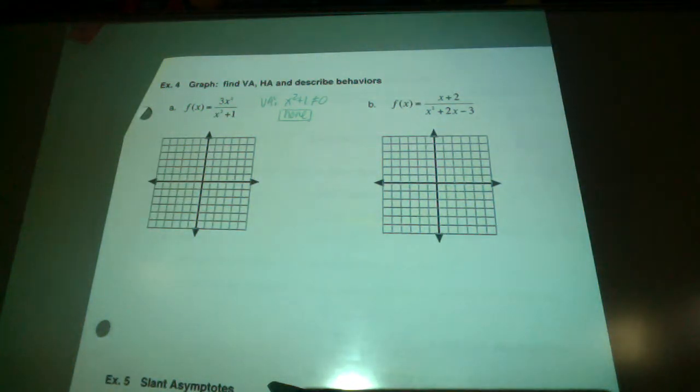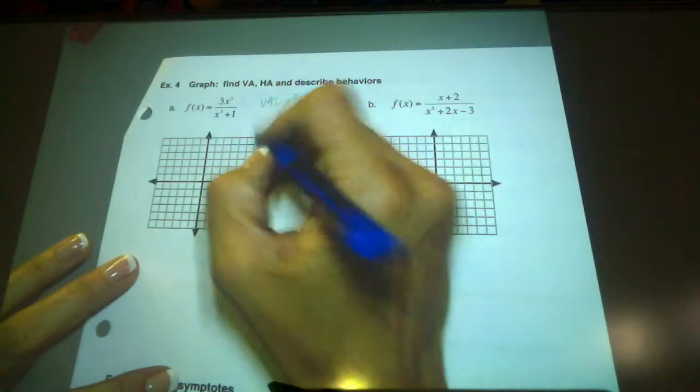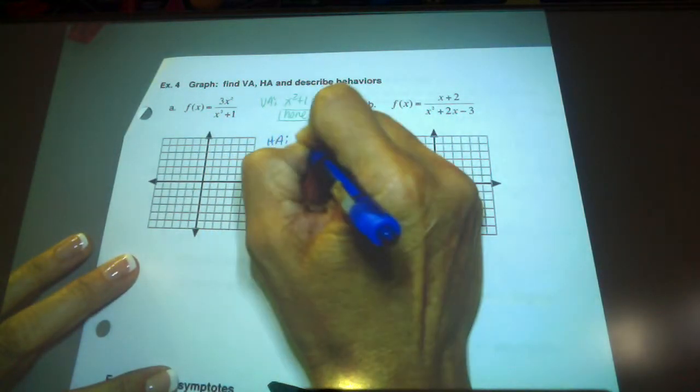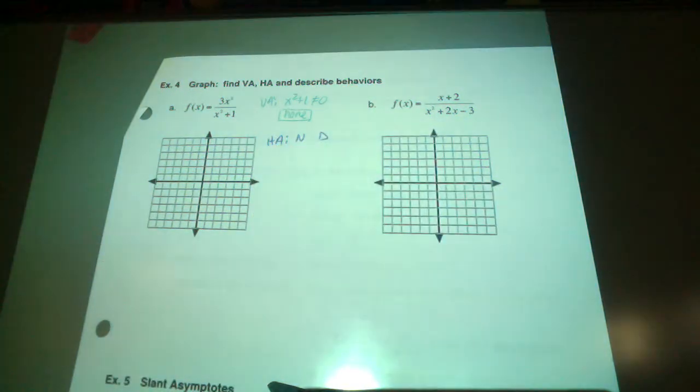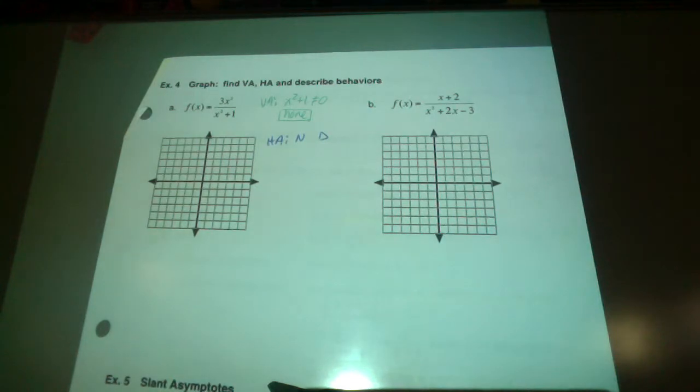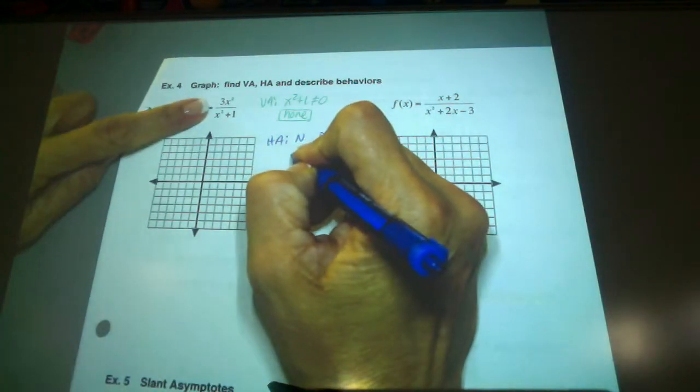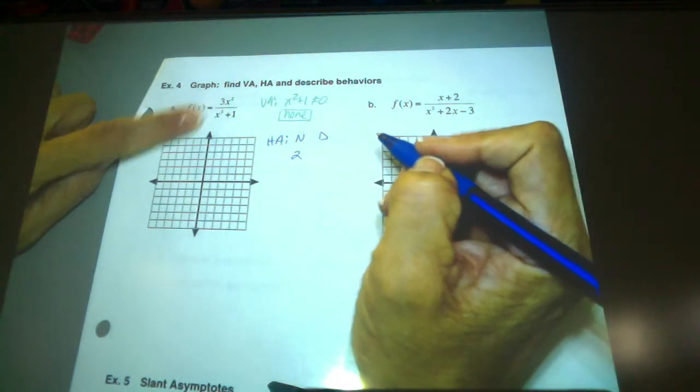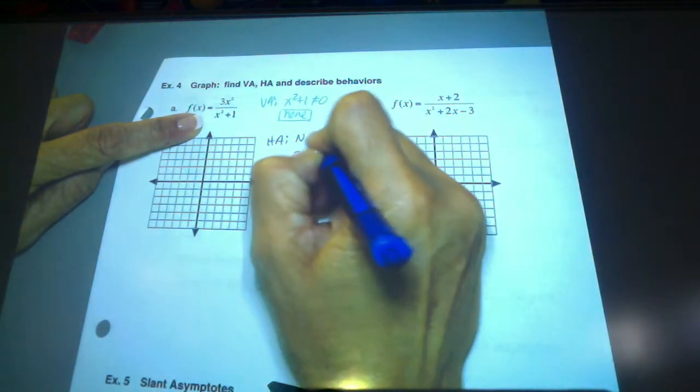If there are no vertical asymptotes, how do we know where x approaches on our limits? Well, we'll talk about that. Let's look at our horizontal asymptotes. We want to compare the degree of the numerator to the degree of the denominator. What's the degree of the numerator? 2. What's the degree of the denominator? 2. Aren't they equal?